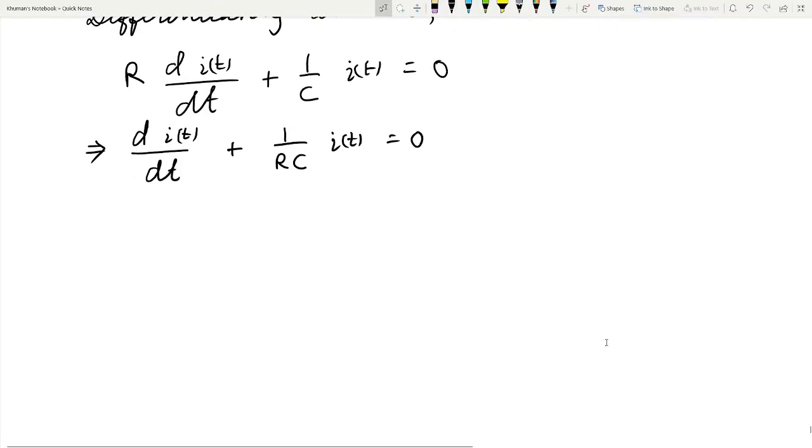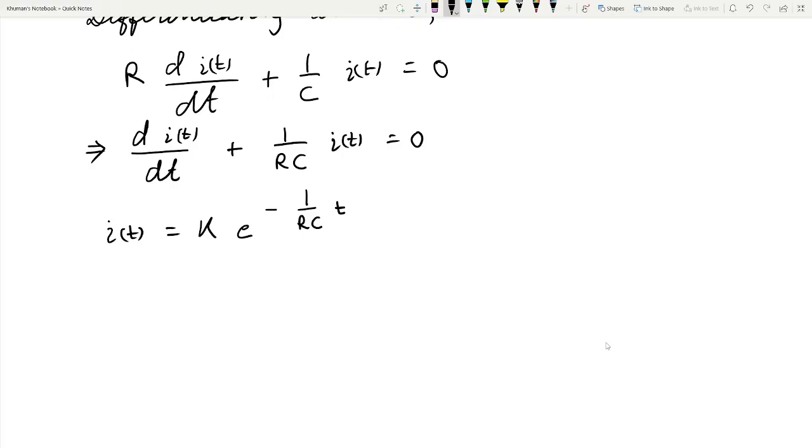So from the previous topic we already know that the solution of this will be equal to k e to the power minus 1 by RC t.